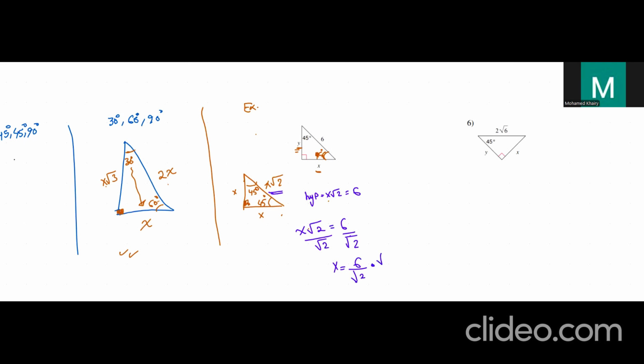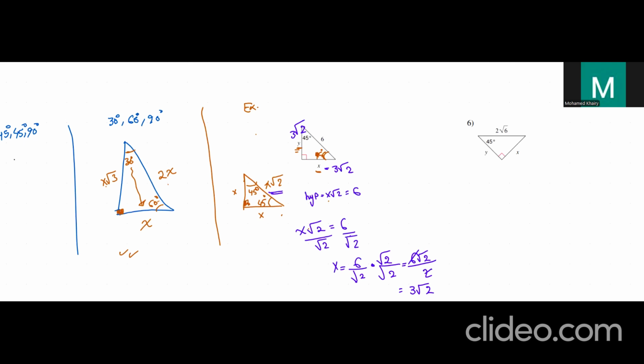It's going to be 6 radical 2 over 2. This 2 will go with this 6. So it's going to be what? 3 radical 2. So what is x now? It's 3 radical 2. And what is y? 3 radical 2. Okay. How did we know it's 45? Because this is given x.